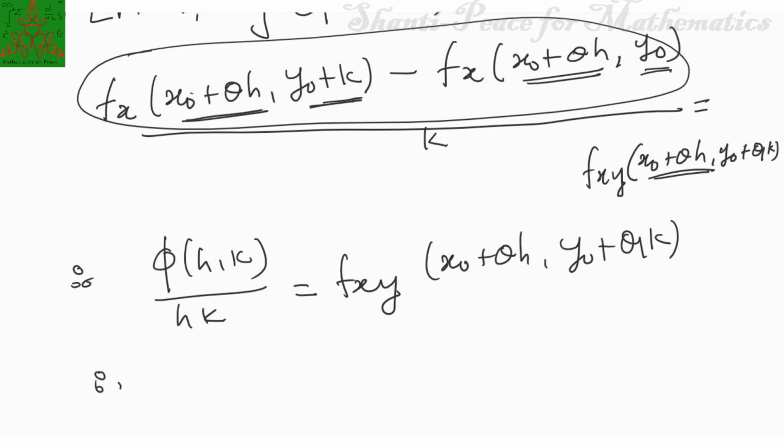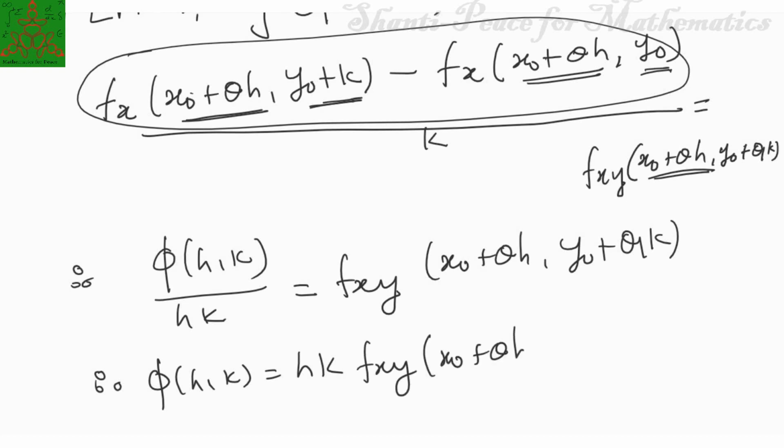Hence we can write phi(h, k) = hk fxy(x0 + theta h, y0 + theta1 k).